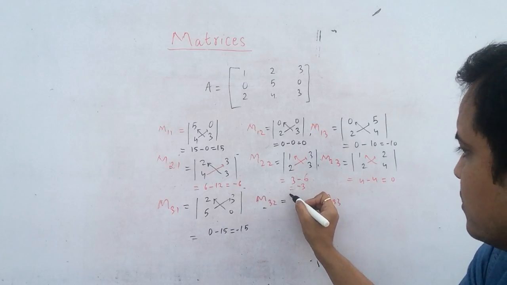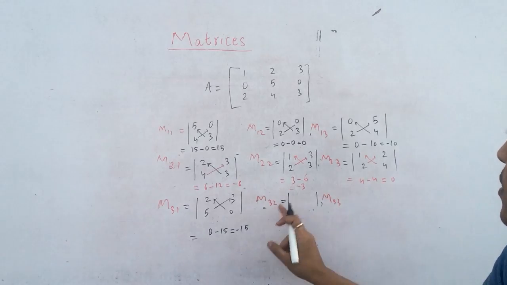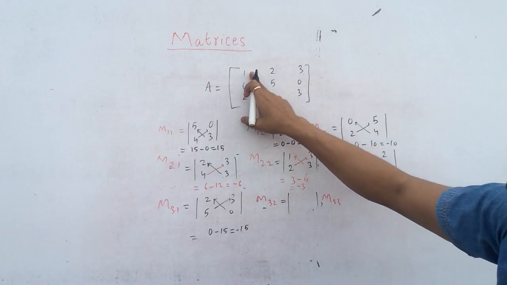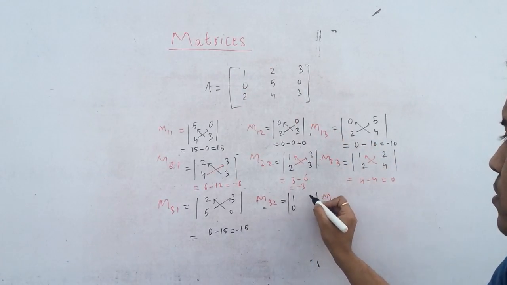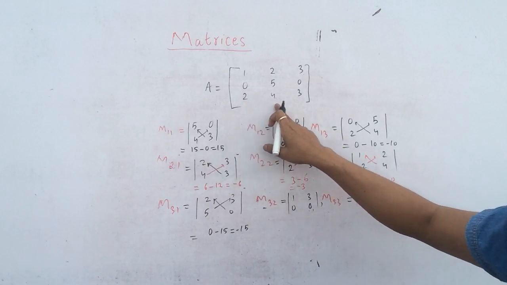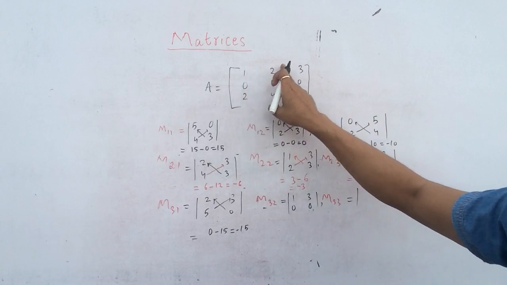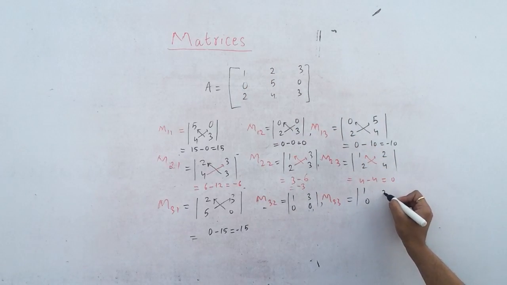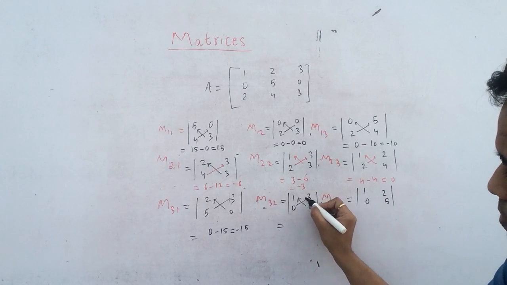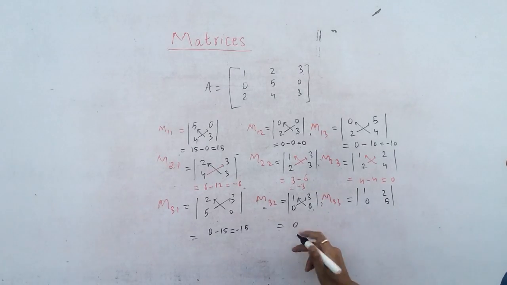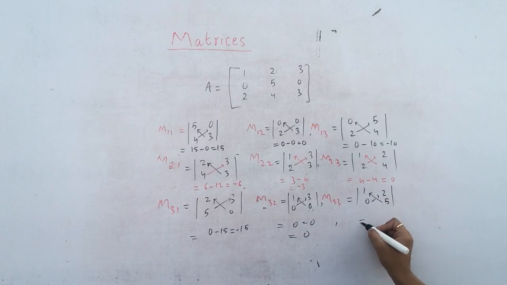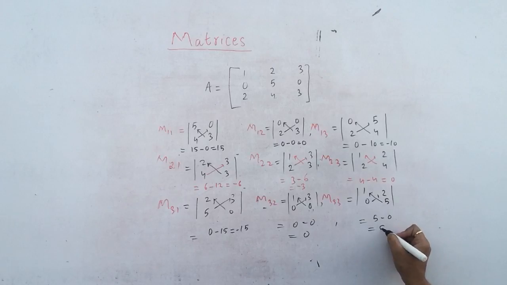M32, third row and second column, 1 0 3 0. M33, remove third row and third column, 1 0 2 5. Left cross minus right cross, 0 minus 0, you get 0. Here 5 minus 0, it is 5.